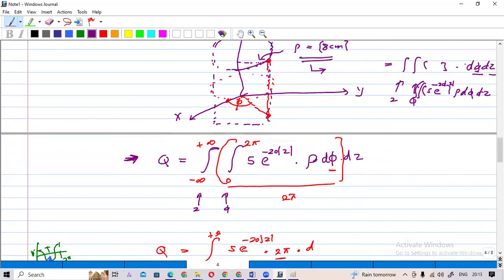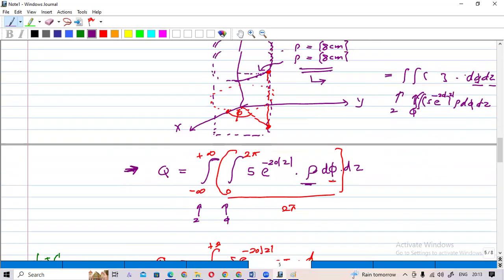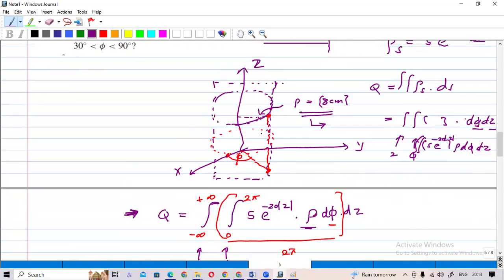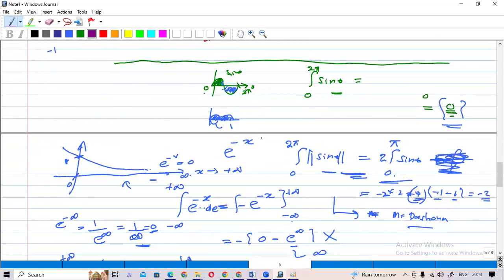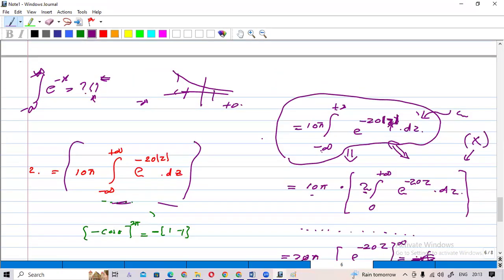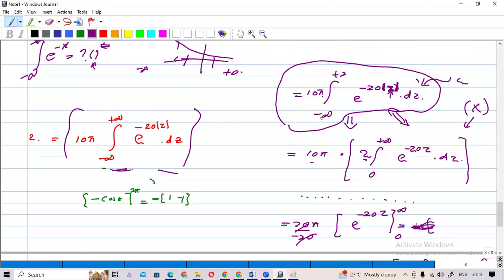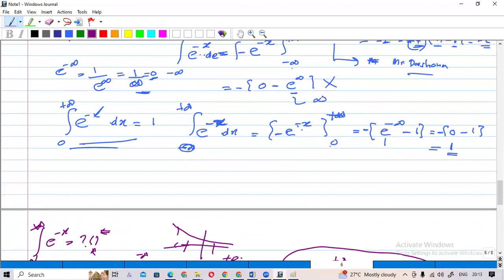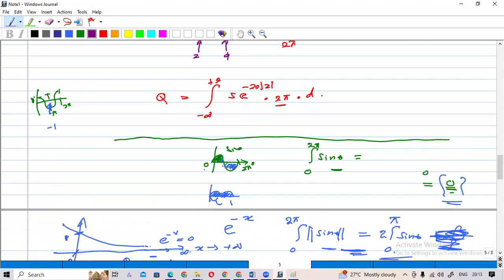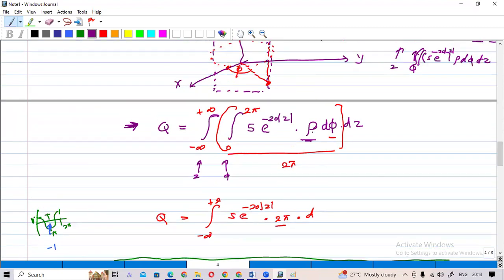Sorry, we dropped this rho. The rho is also there. rho is equal to 8 centimeter, so you have to convert it to meter. So in the final answer, the rho should also be there. We dropped the rho by mistake only. Don't get confused. Rho is there.